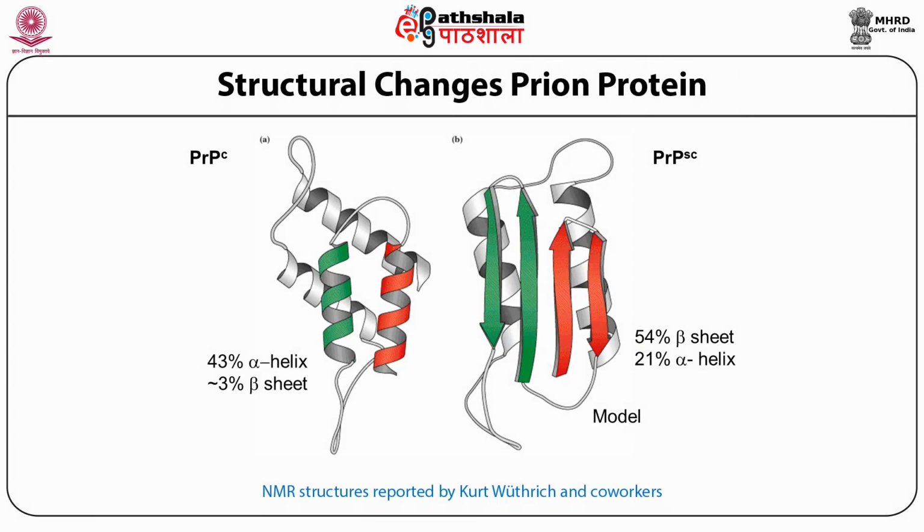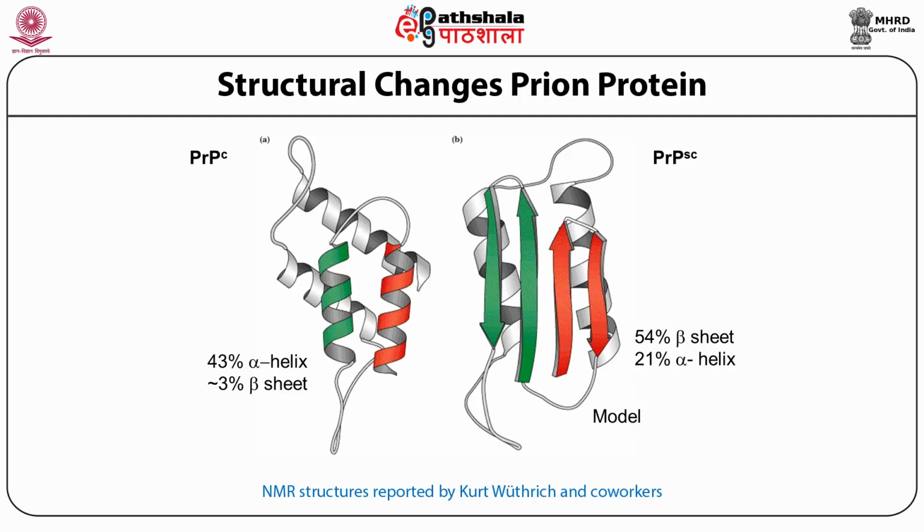The one which we have seen, the crystal structure of prion protein, is the left side, where it has 4 alpha helices, and this is the soluble conformation of the protein, where we have about 43% alpha helix, 3% beta sheet, and most of it is random coil or a coil region.